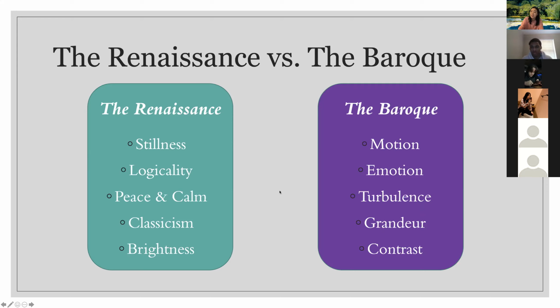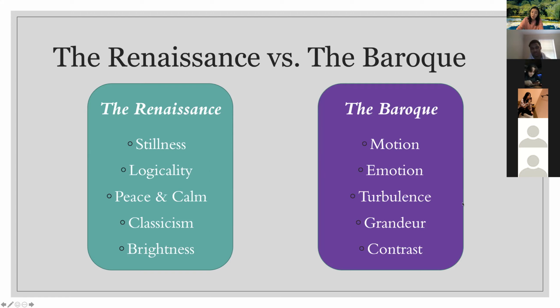So that's the difference. Please remember the features of the art movements. The Renaissance is very calm, peaceful, logical, and balanced. Baroque art is very emotional and turbulent, and it has very strong contrast in its works of art.